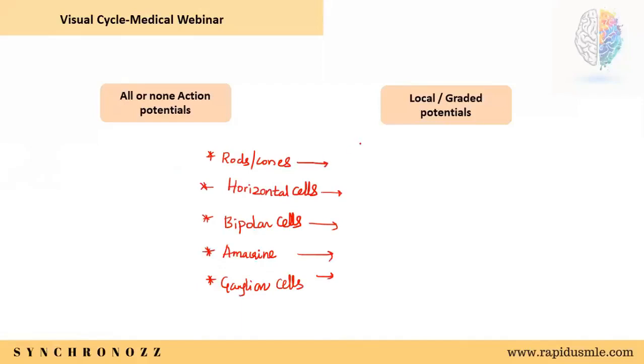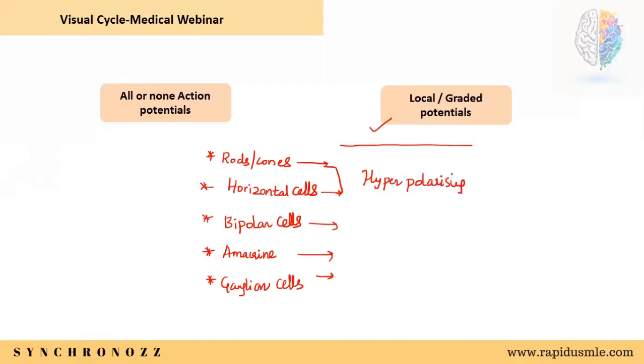So why I'm drawing this: I want to give you a list. When it comes to rods and cones and horizontal cells, the type of action potential is graded, and in the graded, the variety is hyperpolarizing.